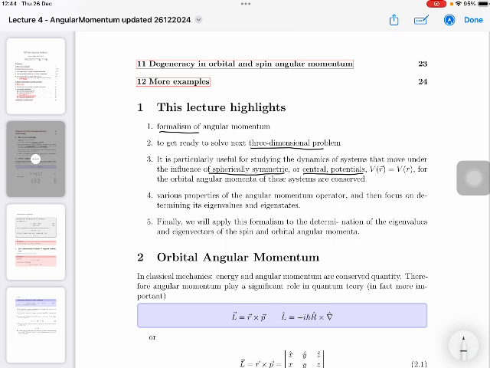And then we are looking at various properties of the angular momentum operator. Other operators that we have learned, let me remind you, recall positions, momentums, and you have the energy, and now we are dealing with angular momentum, and the focus is again on determining its eigenvalues and eigenstates.